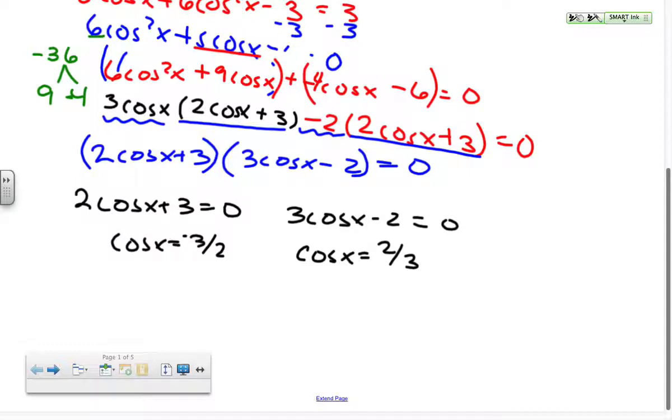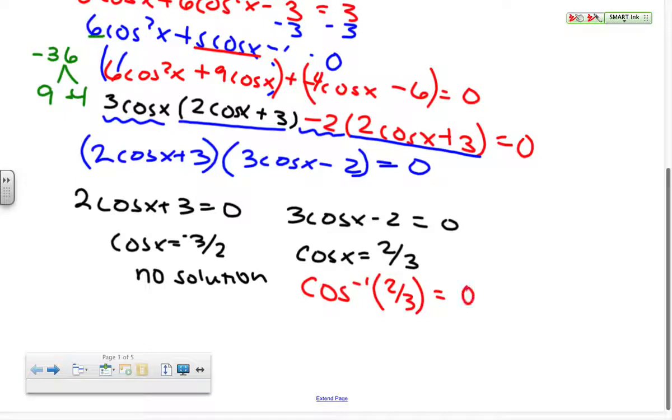Now negative 3 over 2 is less than negative 1, so there's no solution here. The other is a calculator problem. Inverse cosine of 2/3 gives me 0.8411. And remember, this is plus 2k pi. Then I also need the negative version.